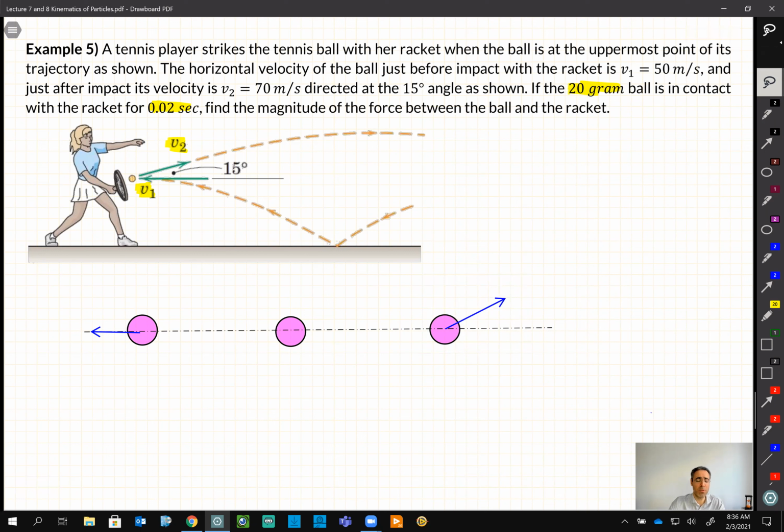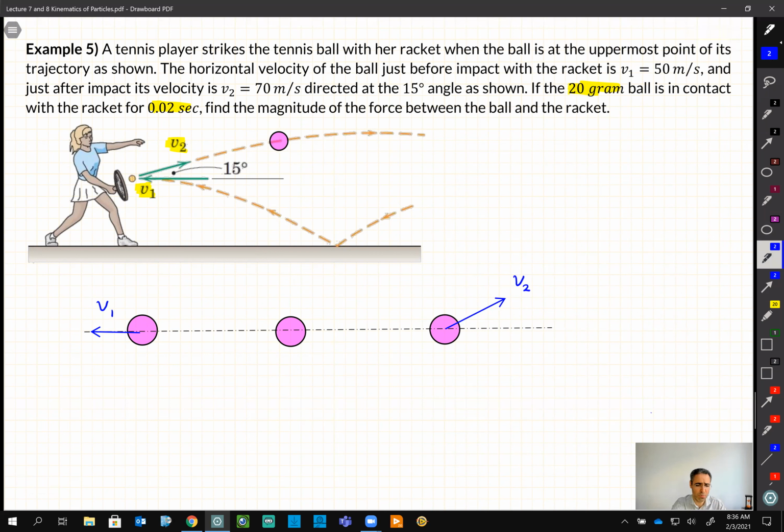Okay, and remember, we are just analyzing the problem at this moment, this 0.02 seconds. So all of them are at just one point, but I just draw them separately. Of course, you can imagine the ball 1 second later is going to be over there, but we don't care. We just analyze it for that moment that this collision is happening. So this is what I have initially, my velocity v1, and this is my velocity v2.